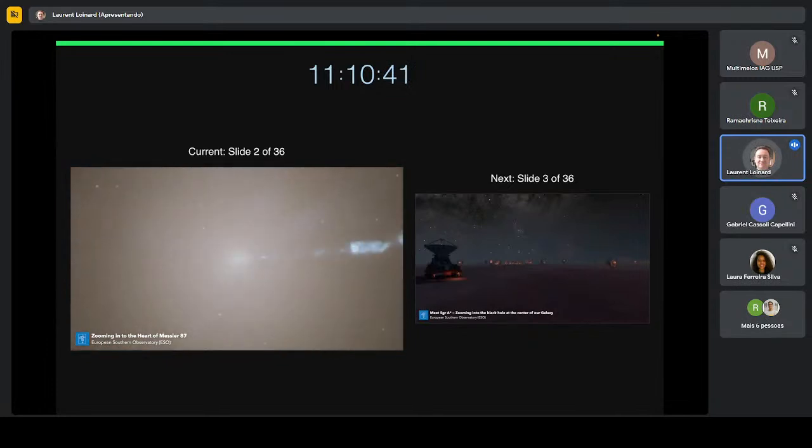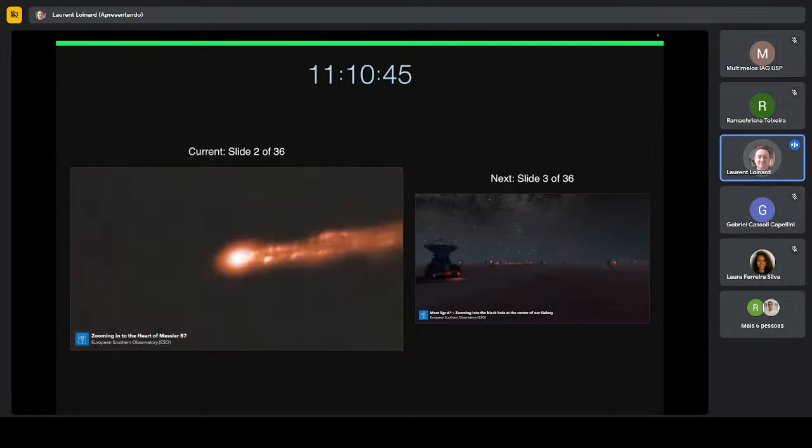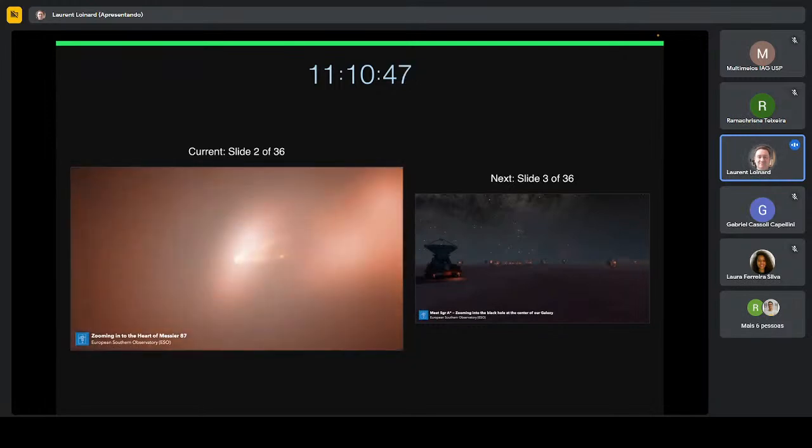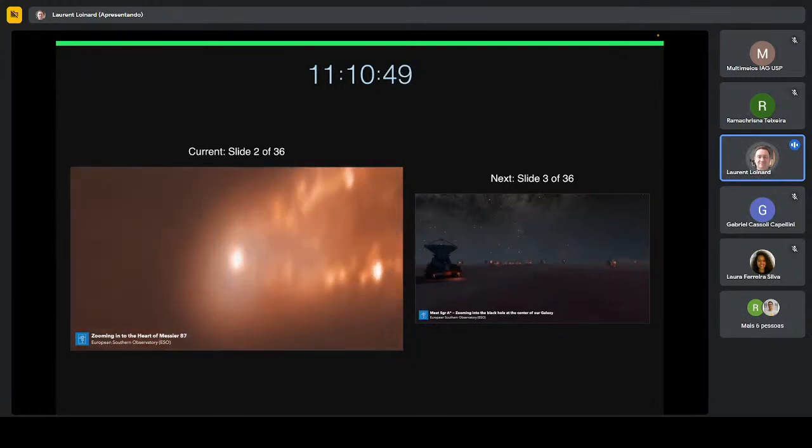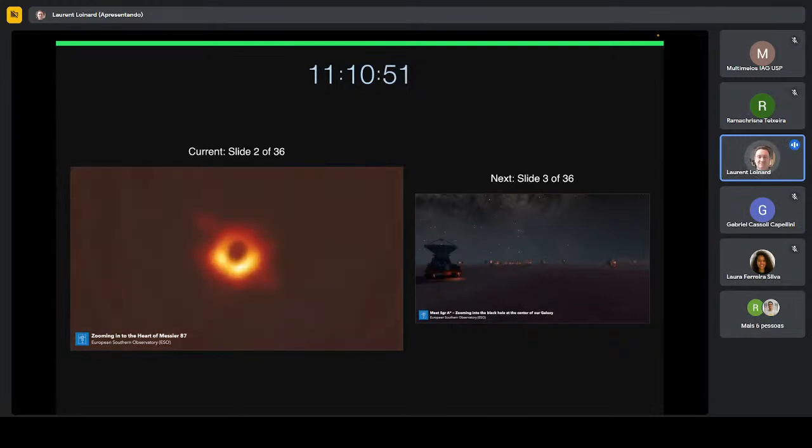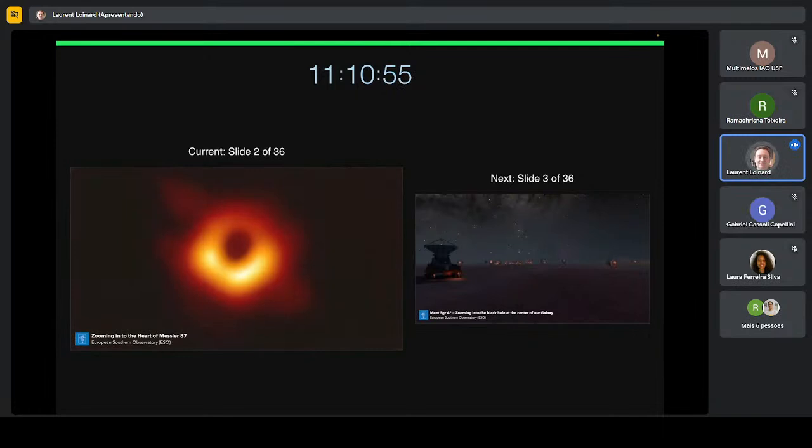As we zoom in to the center of this galaxy, we see that it's a giant elliptical galaxy. From the center, there's a jet coming out that was recognized very early, in 1918, I believe, by an American astronomer. As you zoom in towards the center, you see this very powerful jet.